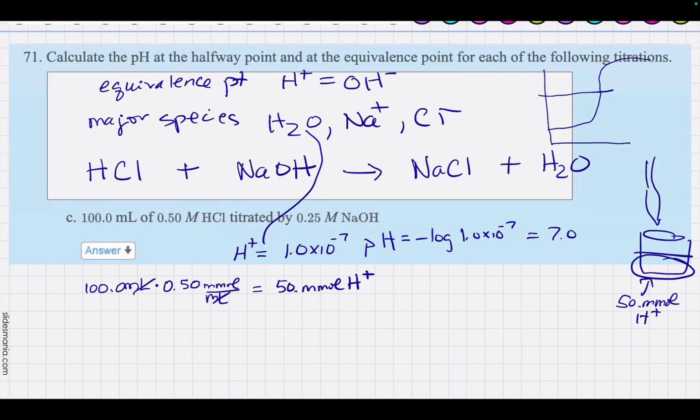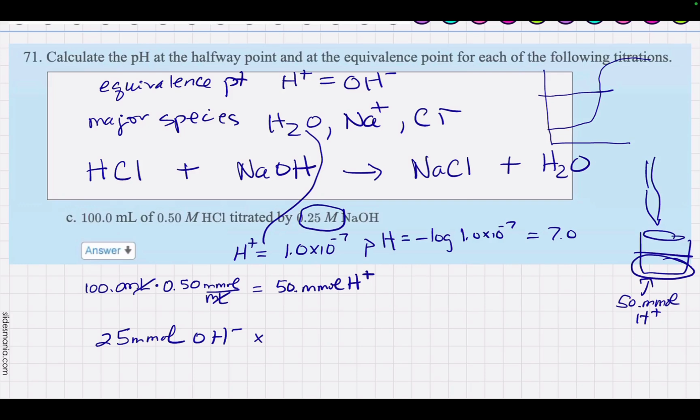If we're at the halfway point to the equivalence, then we're going to have 25 millimoles of hydroxide ions. So let's figure out what the volume of base would have been that we would have added. We know the molarity of the base, but we don't know how much.